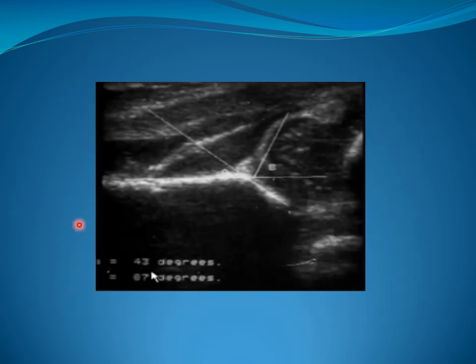This is an example. Here we can see the alpha angle is 43 degrees and the beta angle is 67 degrees, and this goes with type 2C.